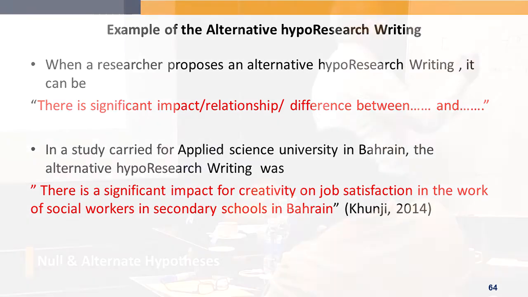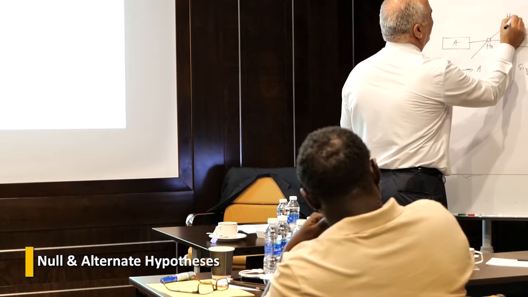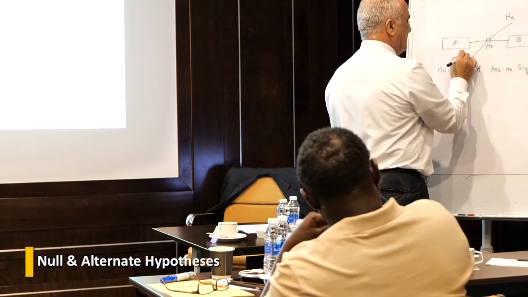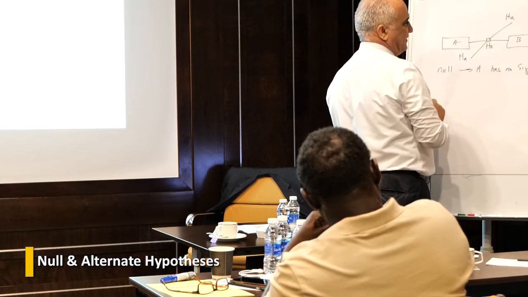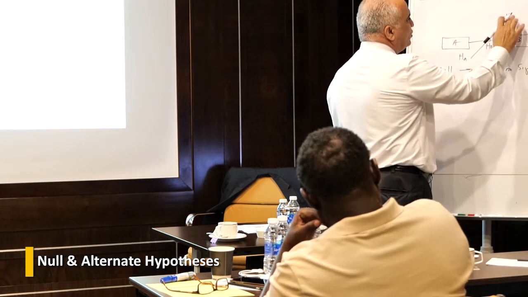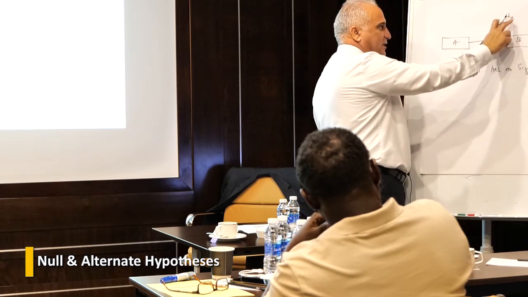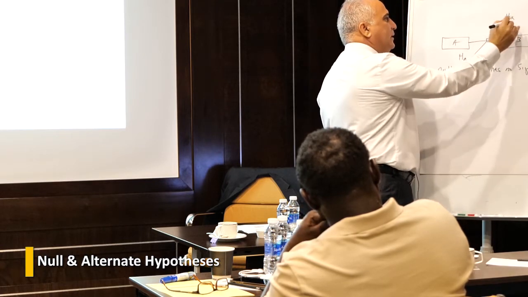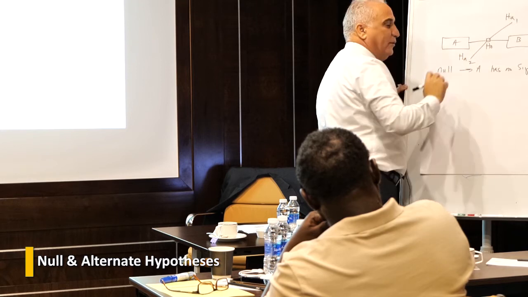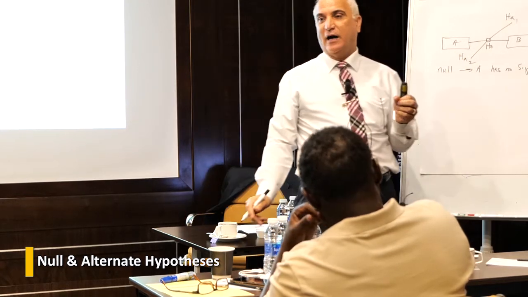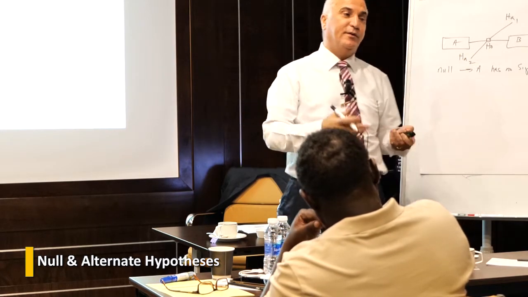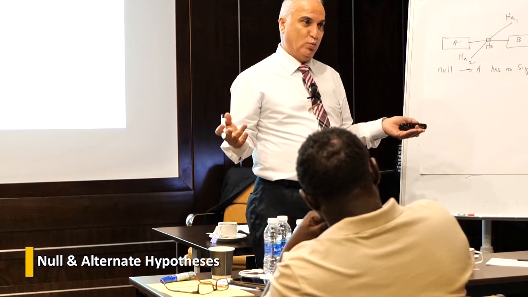In this case, we call this the alternative hypothesis, and this is also an alternative hypothesis. Since we have two alternative hypotheses, we need to number them. We call them alternative hypothesis 1 and alternative hypothesis 2.